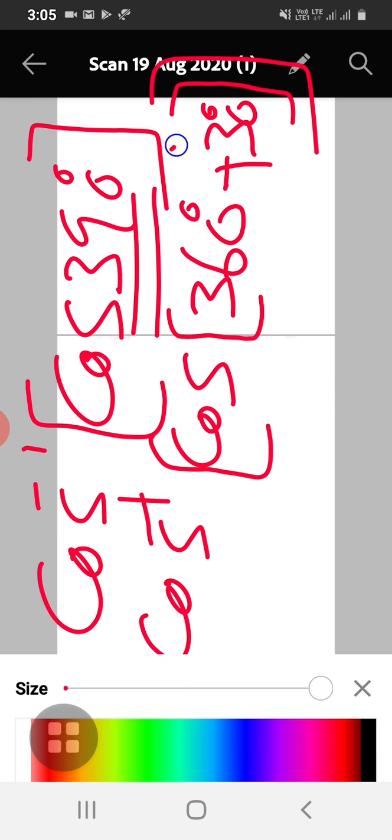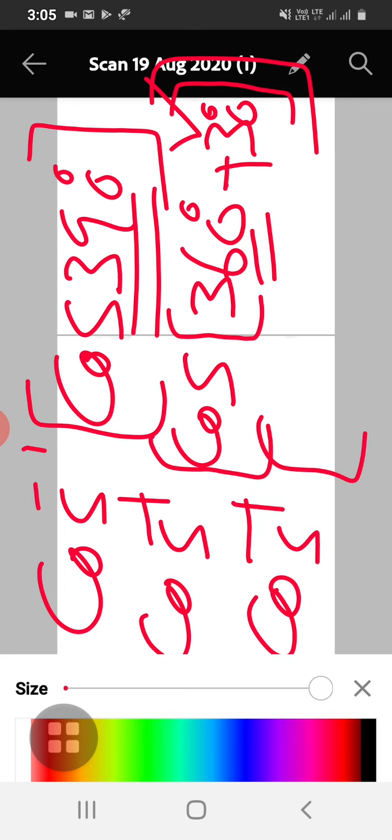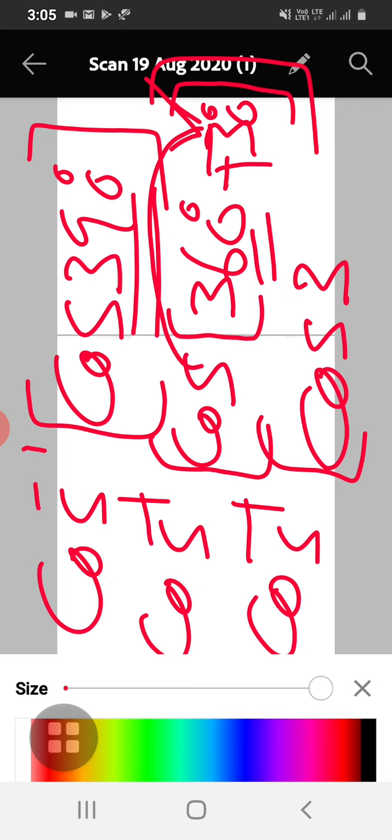So 360 plus theta lies in the first quadrant. In the first quadrant all the trigonometric ratios are positive, and the ratio also does not change because it is 360. So what I will be getting is cos inverse of cos remains cos only, cos 30 degree. See, cos inverse of cos 30 degree.